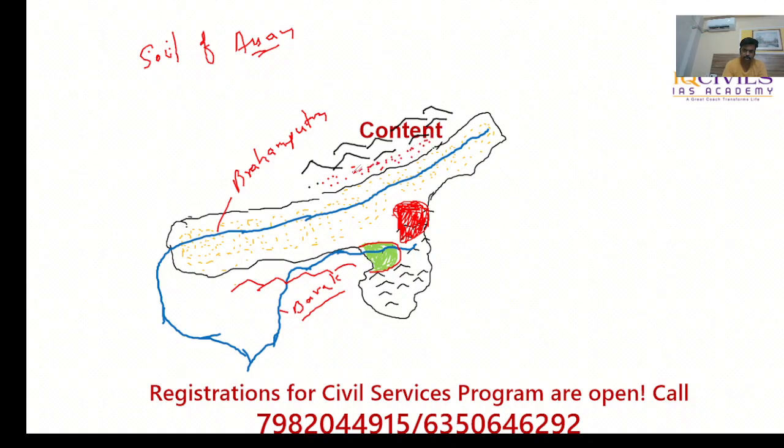And this is a narrow zone between Arunachal Pradesh and Assam. Okay, this is your Piedmont soil, and this is alluvial soil, and here again alluvial soil in the valley of the Barak River.